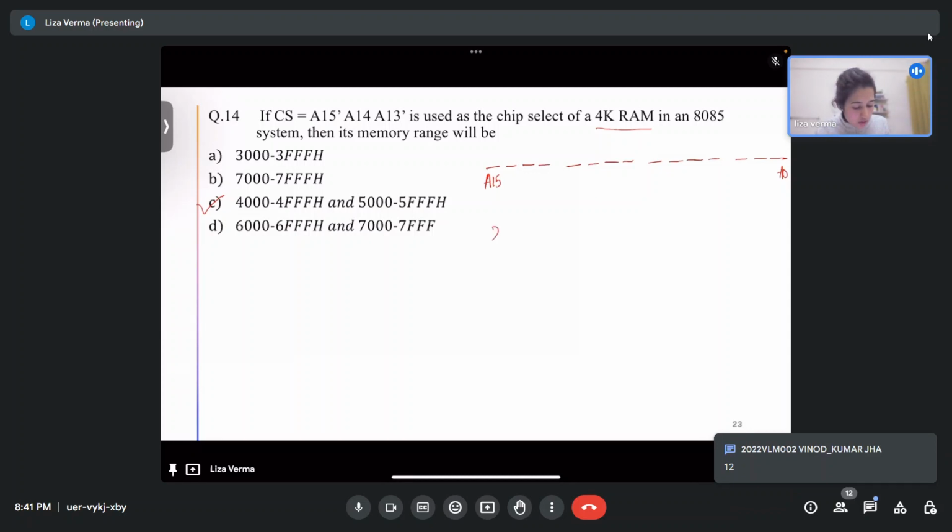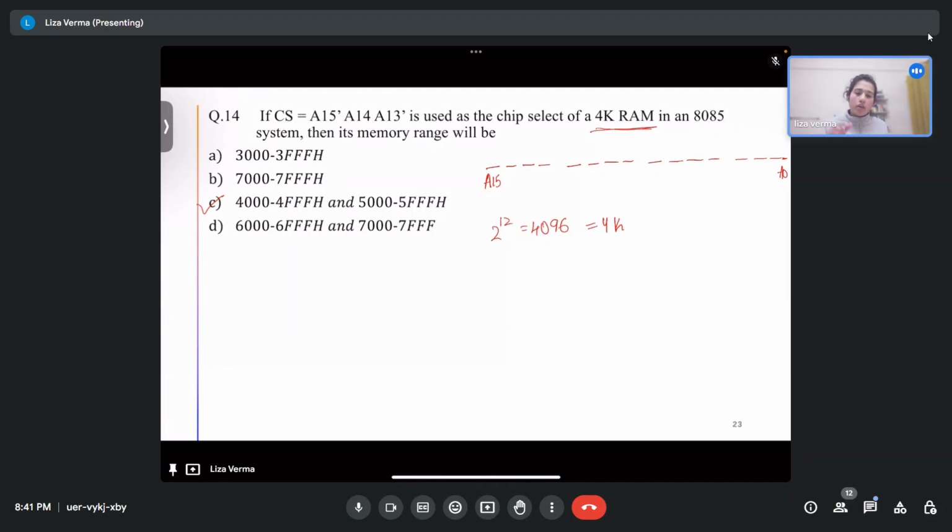Because 2 to the power 12 is 4096, which means 4K, which is our chip requirement. So a 4K RAM will need 12 lines for each of its memory locations to be addressed. It won't need more.